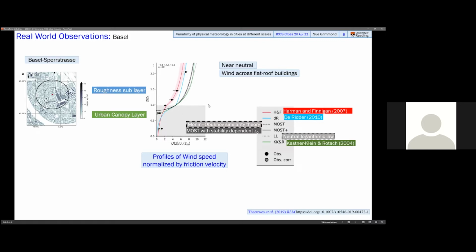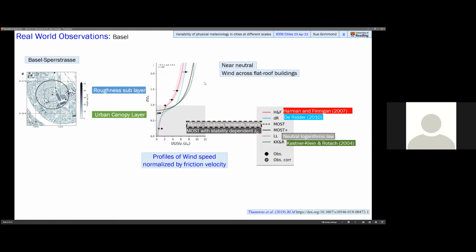Here, the average height of these buildings is 14.6 meters. So if we think of the typical WMO measurement height for wind speed of 10 meters, then that would be below the average height of these buildings. What we can see is that the observations don't fit well to the Monin-Obukhov similarity theory or the log law assumptions of the wind profile.